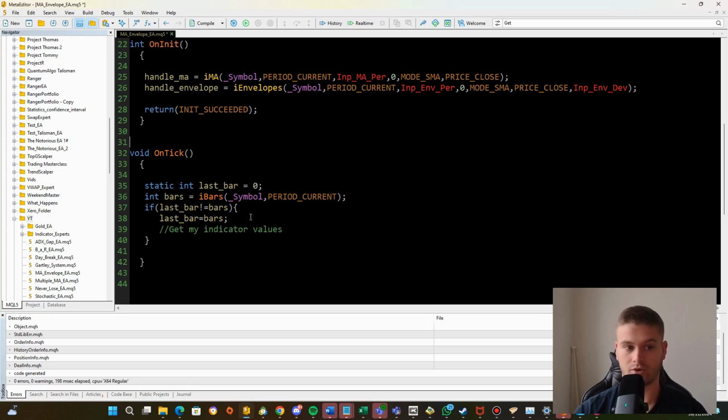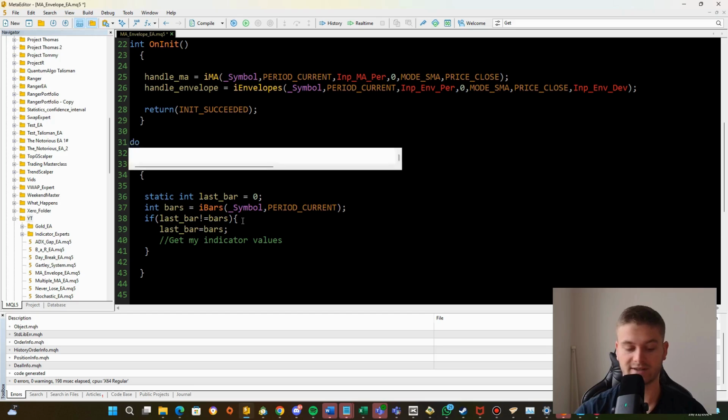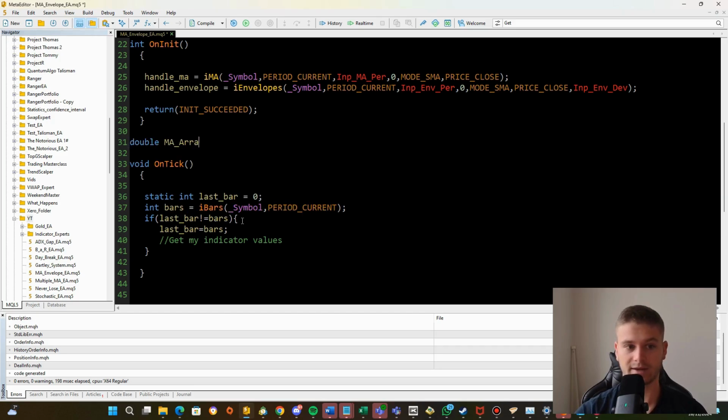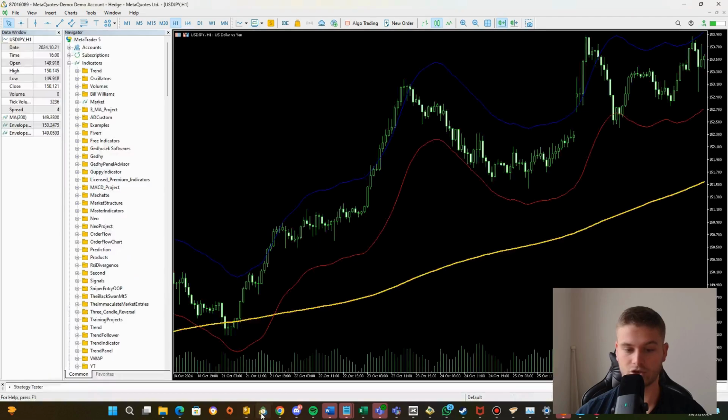So now on the global scope I will create three arrays because I will be working with three values basically. If we check the chart, one value is for the moving average, second value is for the lower envelope band, and the third value is for the higher envelopes band.